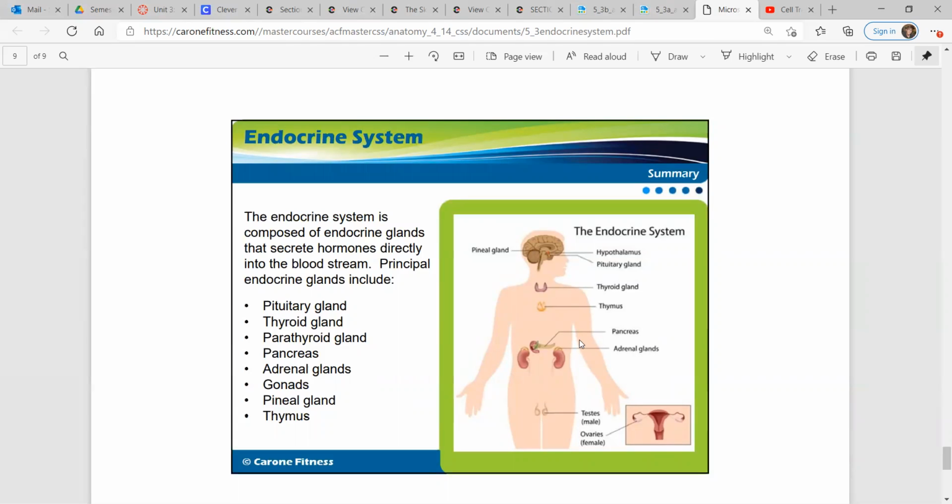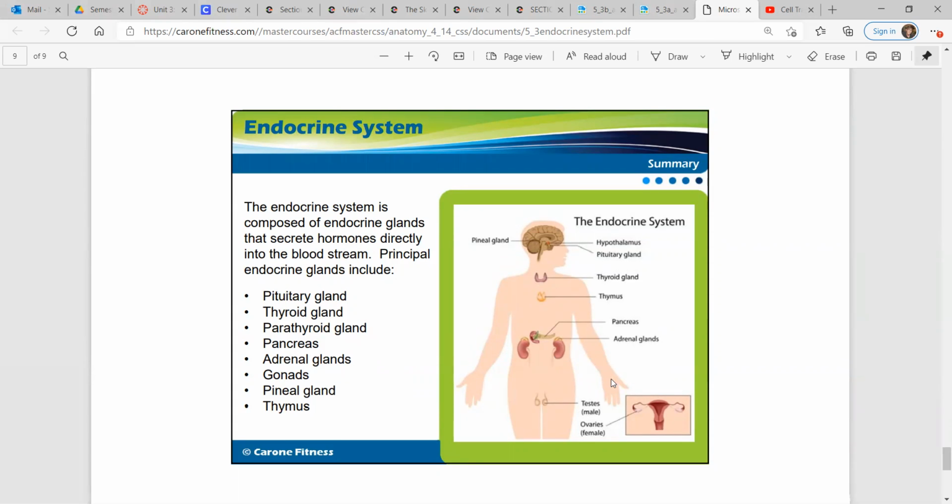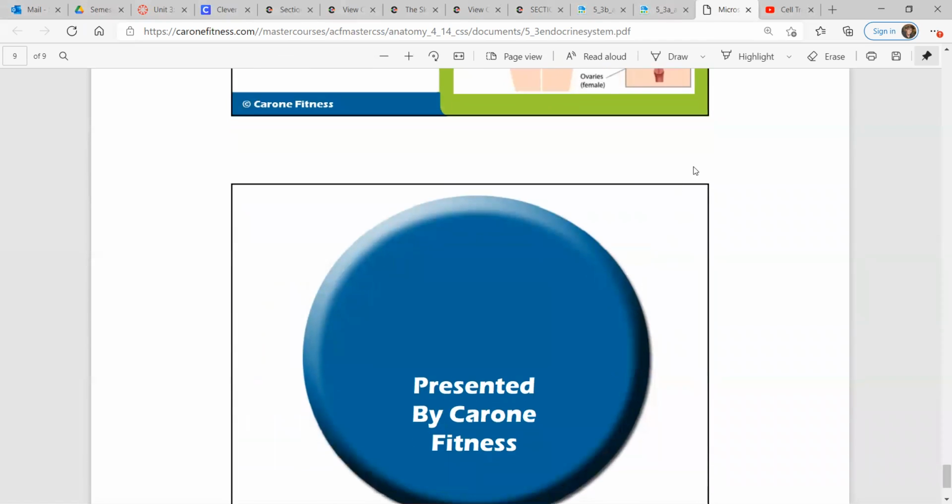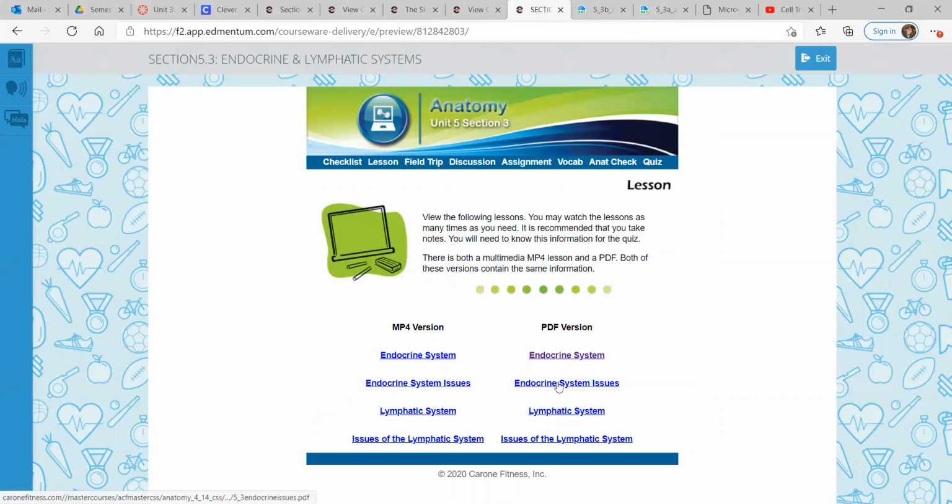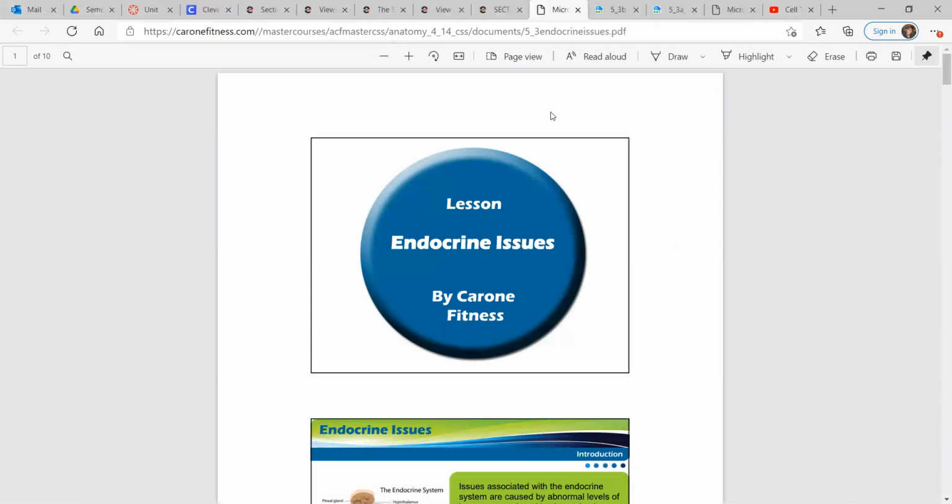Principal endocrine glands include pituitary gland, thyroid gland, parathyroid gland, pancreas, adrenal glands, gonads, pineal gland, and the thymus. And that's it for the endocrine overview. Let's hide these controls, and I can move on to the endocrine system issues.